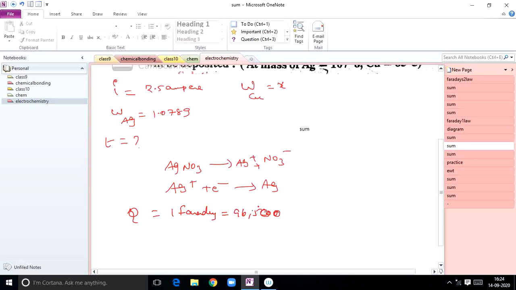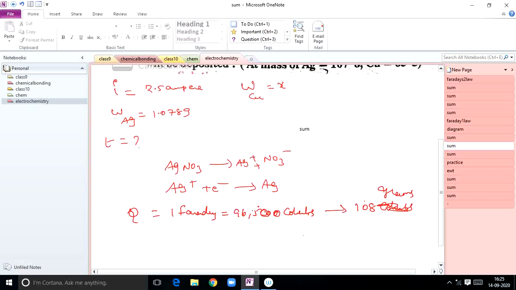So 96,500 coulombs will deposit approximately 108 grams of silver, the atomic mass. So 96,500 coulombs of electricity deposits 108 grams of silver.